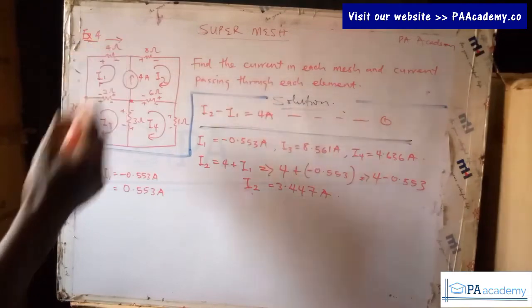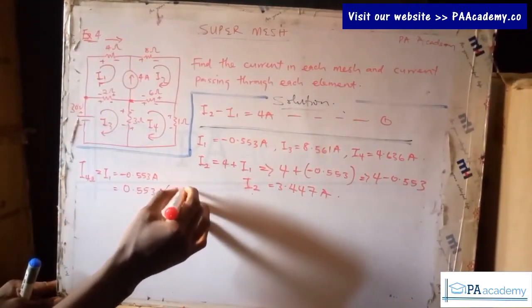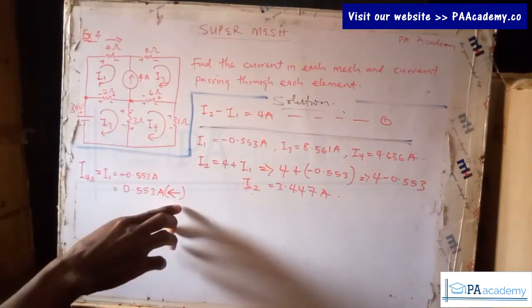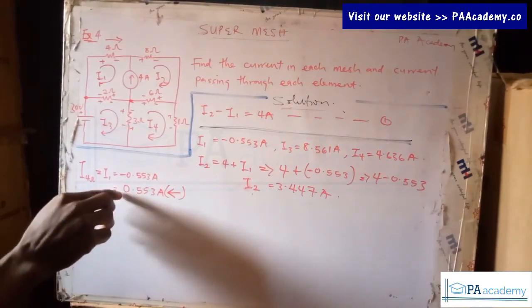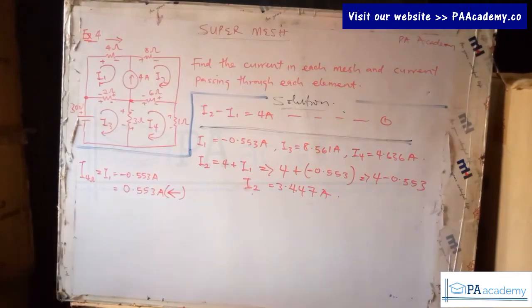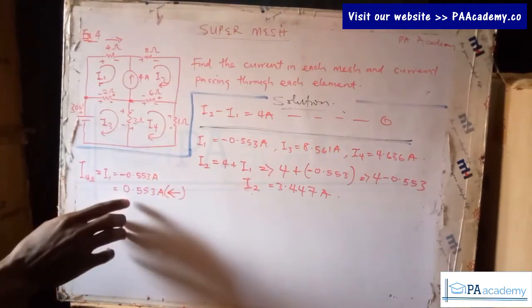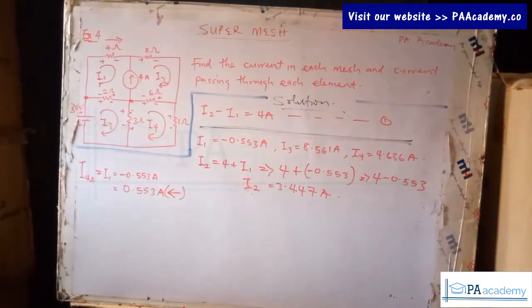So this is not the actual direction; the actual direction is the opposite, like this. You can put this in brackets. This is the correct direction that the current is flowing, so we are not having the negative. I hope that is clear. We've been able to get the current flowing through the 4 ohm resistor to be 0.553 amperes in this direction.